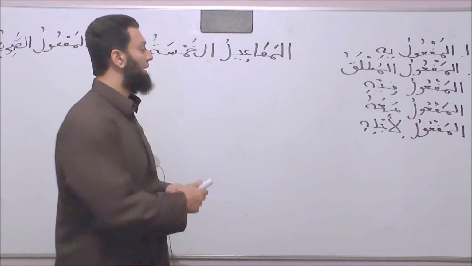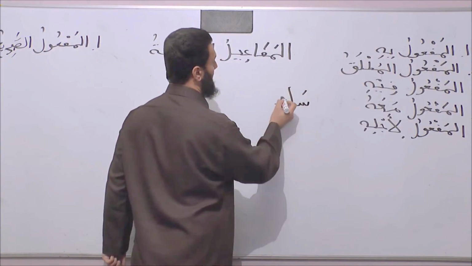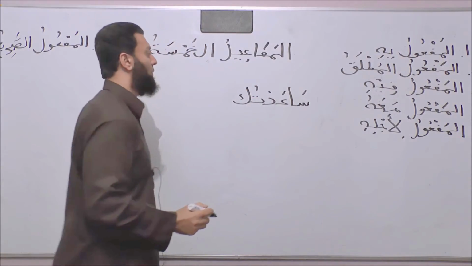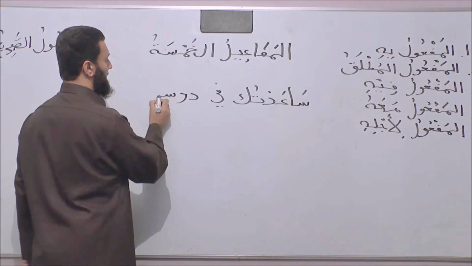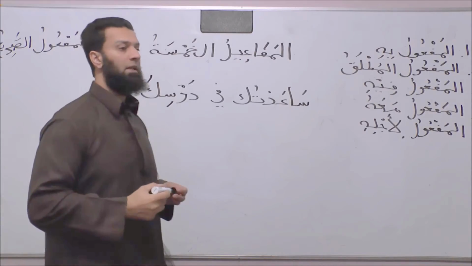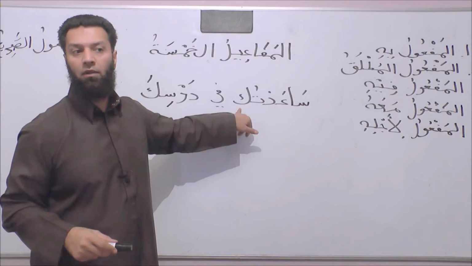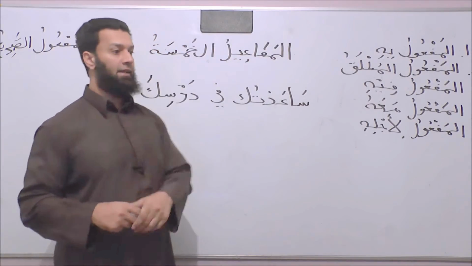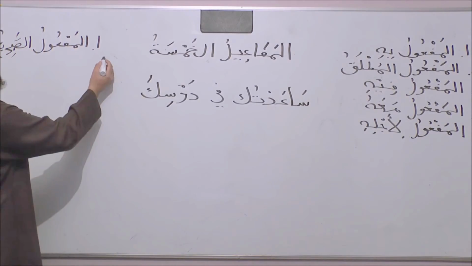For example, if I said ساعدتك في درسك حسنا. Here الكاف is our المفعول به, and that is, as we know, الضمير المتصل. So that's our second type.